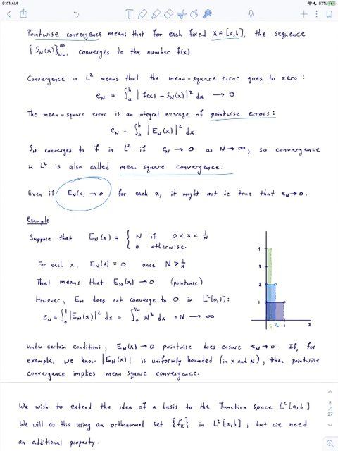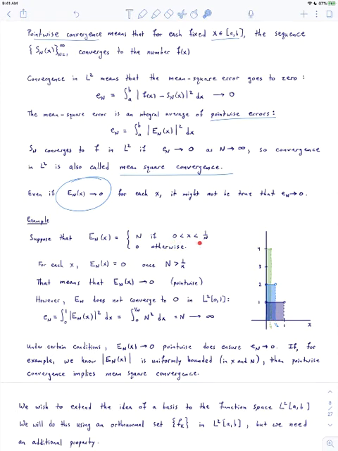And why is that? We're integrating e_n squared from 0 to 1. Now e_n is equal to 0 once you're beyond 1 over n, so the integral from 0 to 1 is just the same as the integral from 0 to 1 over n, because e_n is 0 after that point.